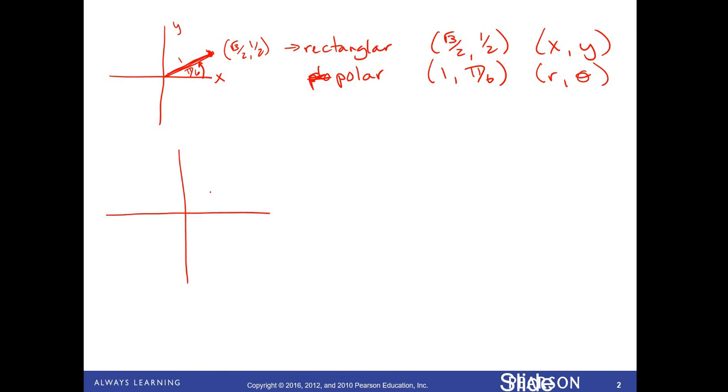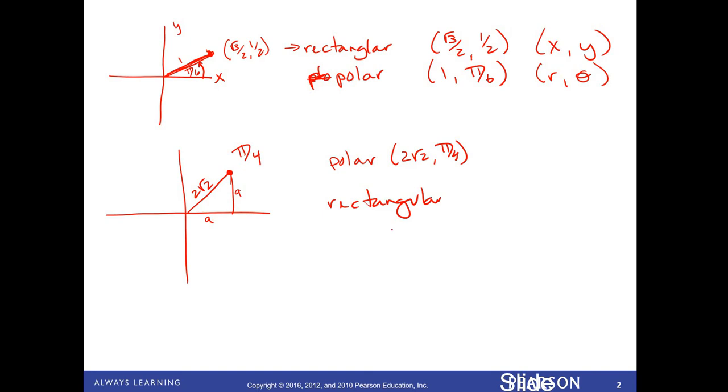If I have a point out here at pi over 4 with a radius of 2 root 2, can we change this polar coordinate, which is 2 root 2 comma pi over 4, into a rectangular coordinate? I can use the fact that this is an isosceles triangle. Pi over 4, remember, is on the line where x equals y.